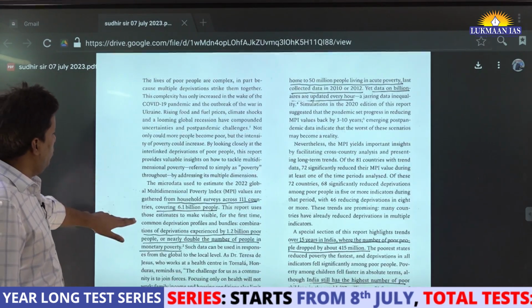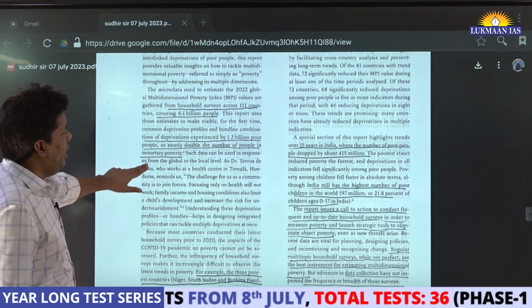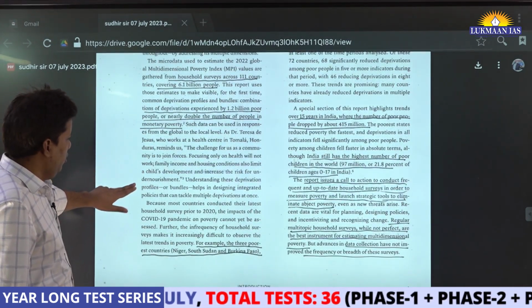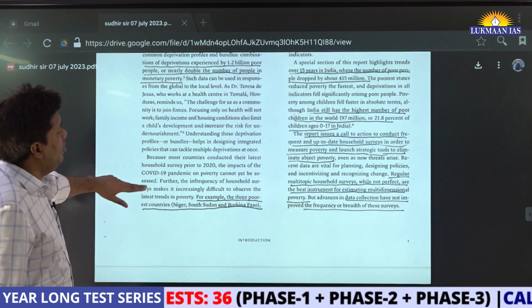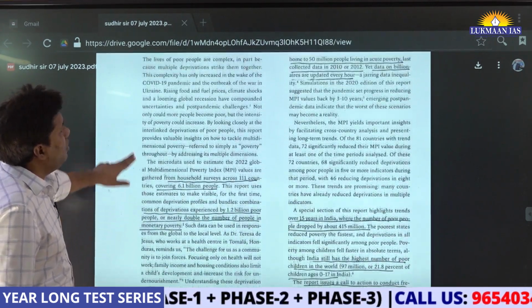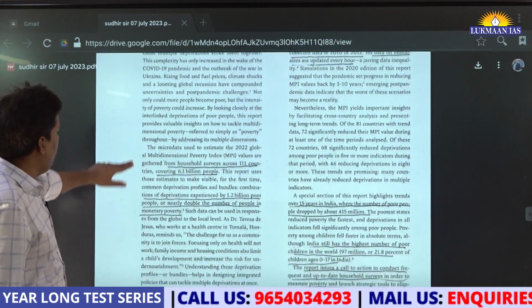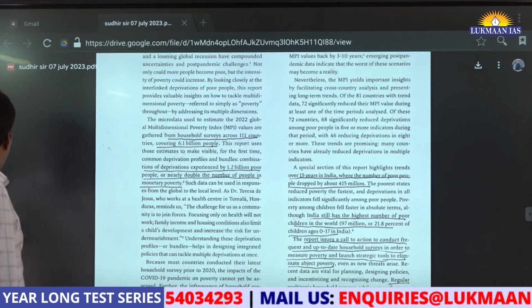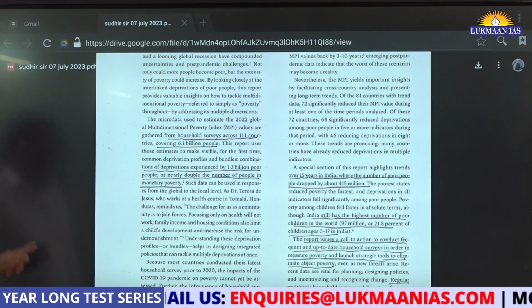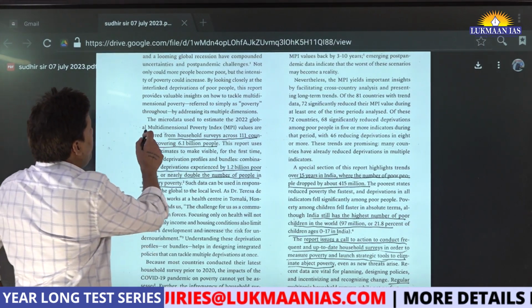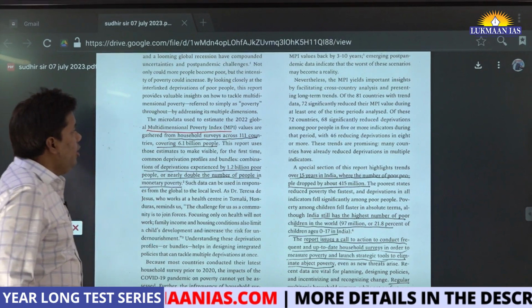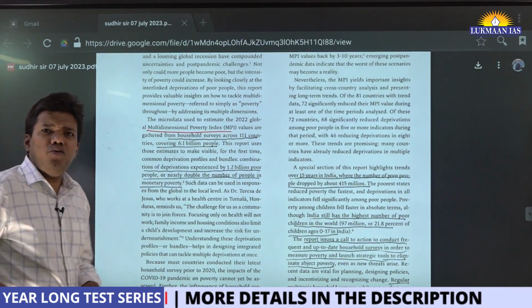I went through this report and I highlighted a few important points which you might use in your notes. Let us say the first thing: this multidimensional poverty index is calculated using household surveys.